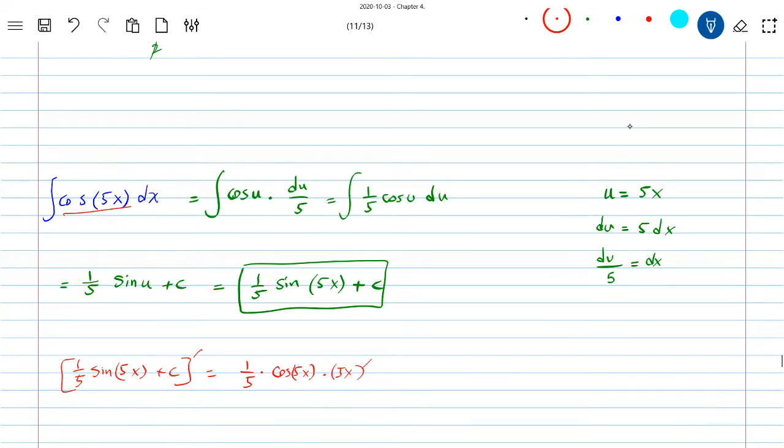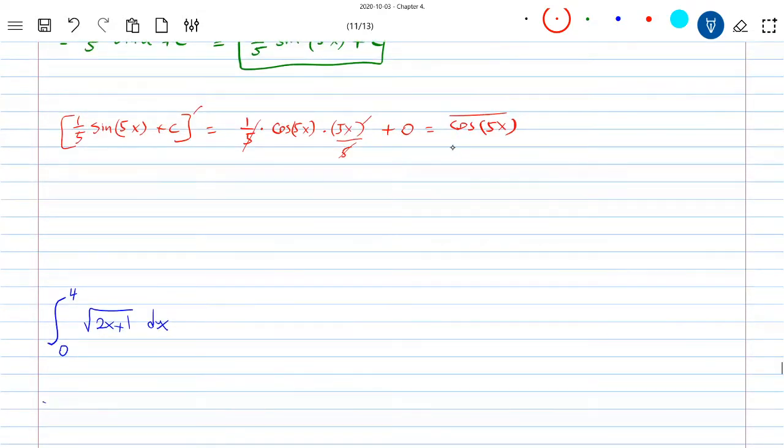The derivative of c is 0. The derivative of 5x is simply 5. 5 multiplied by 1/5 will cancel out and you will get cosine 5x. And you notice this is the same as the cosine 5x that we already had. This is the small f function, this is capital F for the integral. Okay, this is how you check to see if your solution is correct.